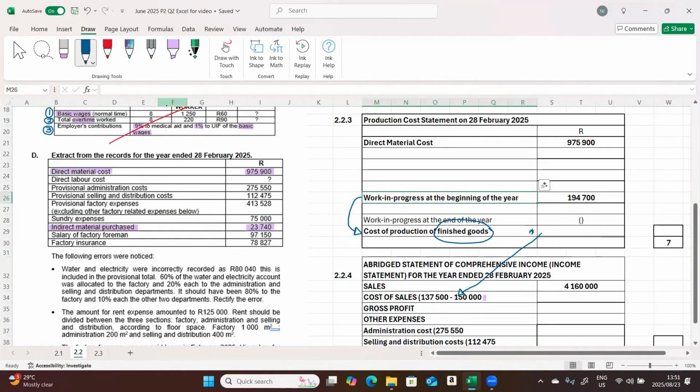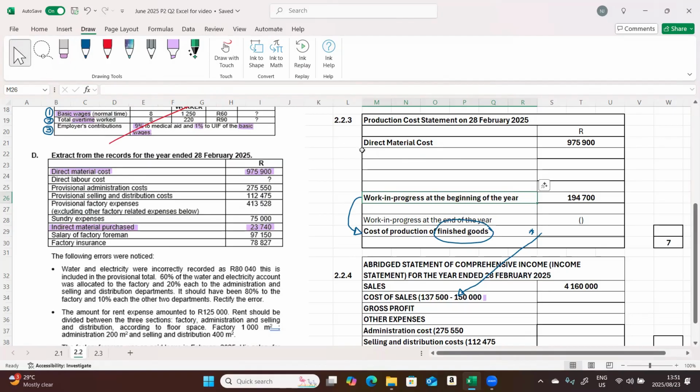So you can go ahead and write direct labor cost under direct material cost. I put this here so I can type it so it's more neat.